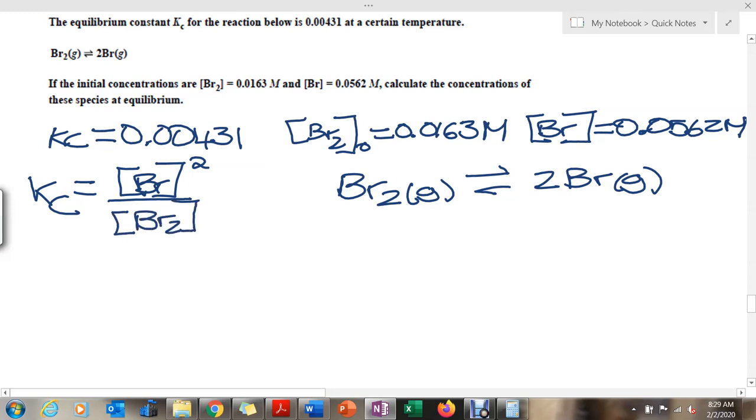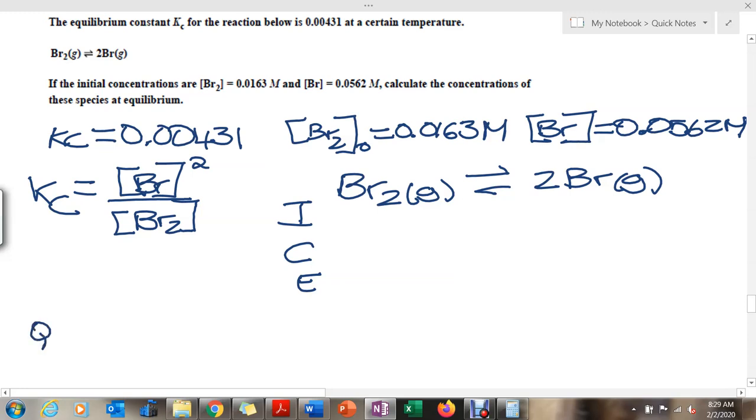Now, we have something here that we don't know what direction is going. So when we do the ICE table, we got the initials of both, but we don't know if it's going to form more Br2 or 2Br. How do we know that?